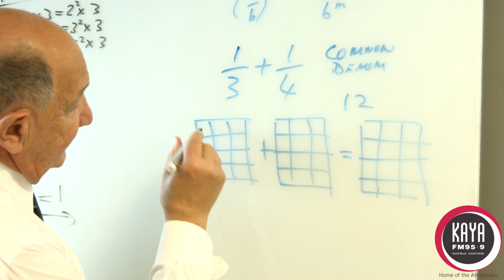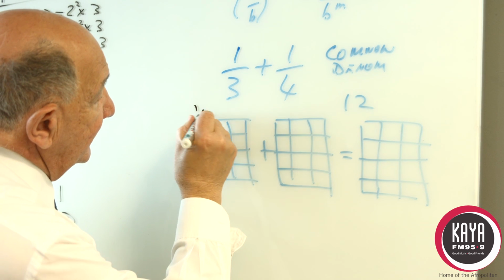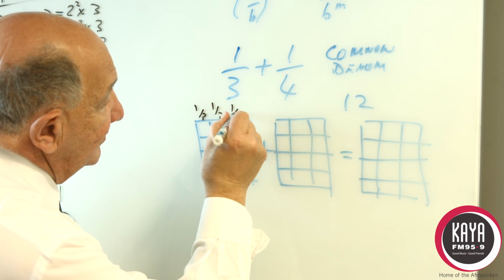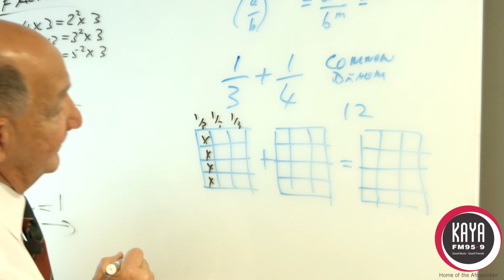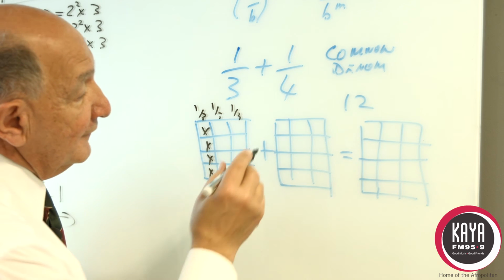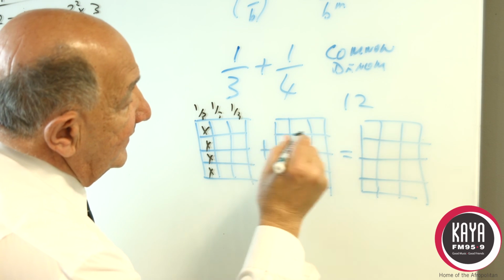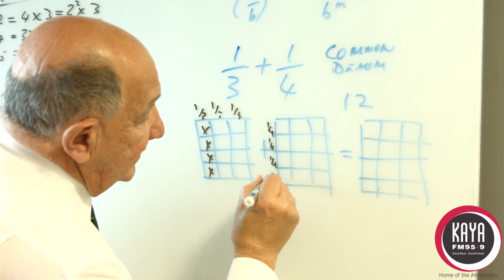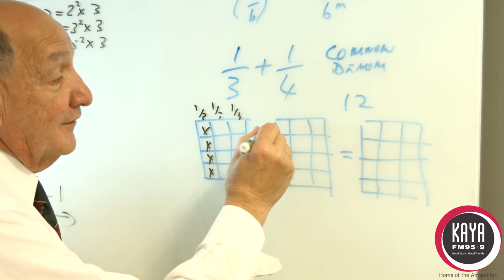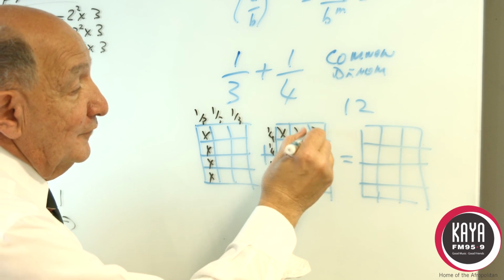Because you have here 1/3 plus 1/3 plus 1/3, so it's going to be 4 blocks. And then if we take quarters, there's going to be 4 quarters. And there are 3 blocks for the 4 quarters.